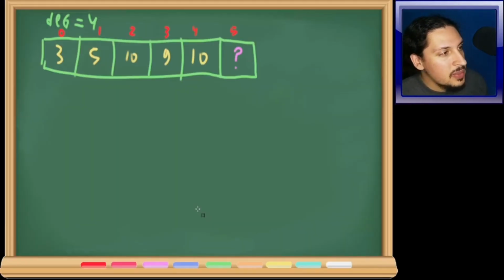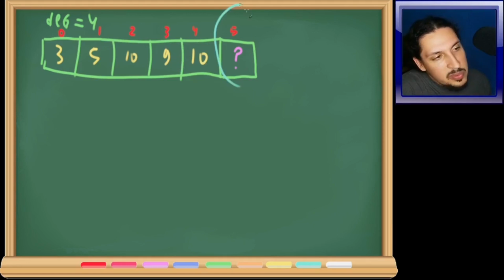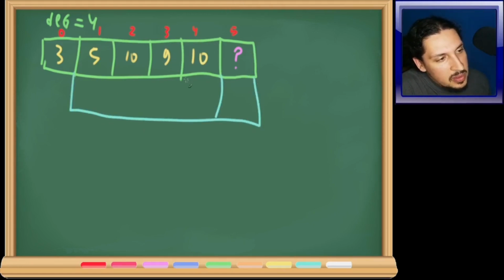Okay, how can that be useful? We can make this diagram and imagine that these are the values you computed for the polynomial, say of degree 4, at 0, 1, 2, 3, 4. We want to evaluate at 5, but suppose we make another row, building the differences, 5 minus 3 to 10 minus 5, and so on.